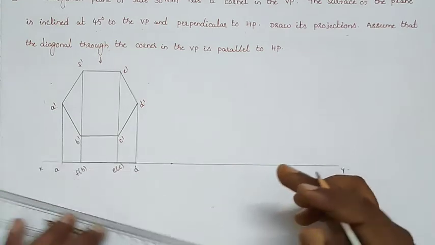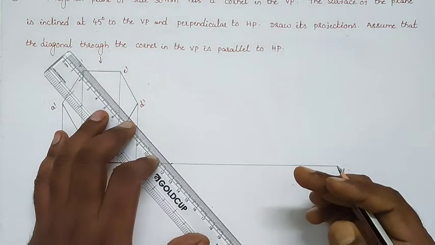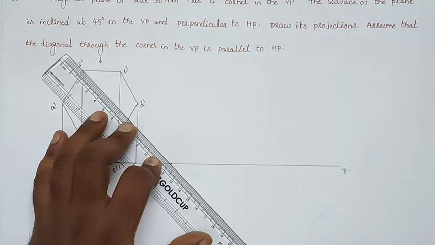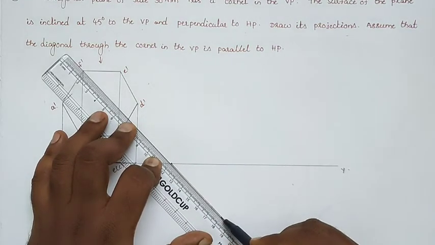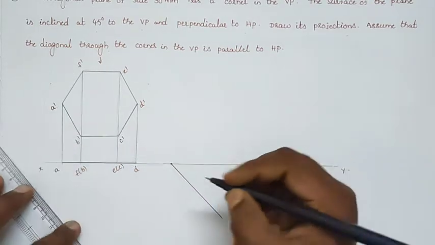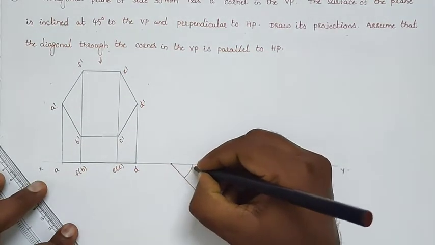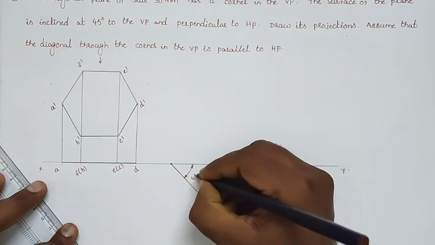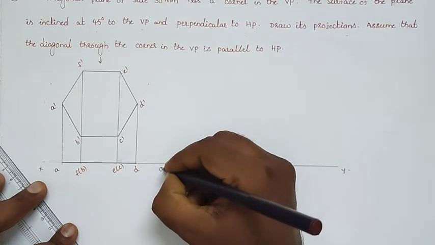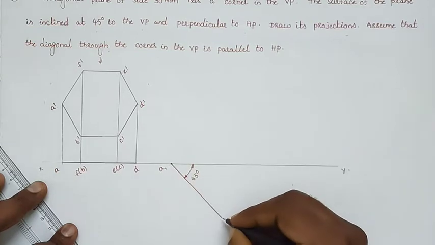First top view, 60 mm. This angle should be 45 degrees, as given. Here this one is A1 and this one is D1.